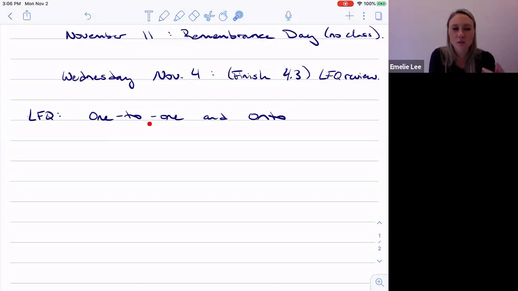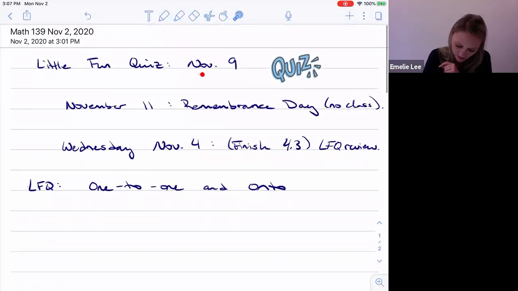Remember, a function has to be one-to-one in order to be invertible. So I'm going to bake that into a nice, big, meaty question where you have to show that a function's one-to-one and then find the inverse and then show that it's the inverse using function compositions, where f composed with the inverse is equal to x and the inverse composed with f is also x. This LFQ is on November 9th.